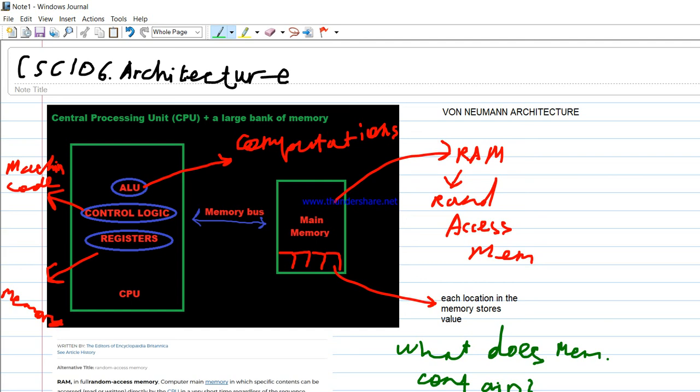It's a very, very short time. Not as short as registers, obviously, but for an external memory, it's a very short time. Another thing that I really need to tell you guys is that RAM is dependent on the power supply.